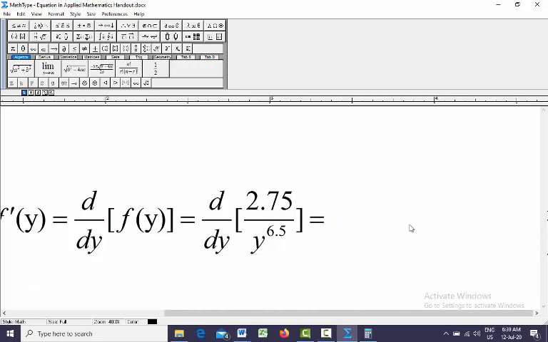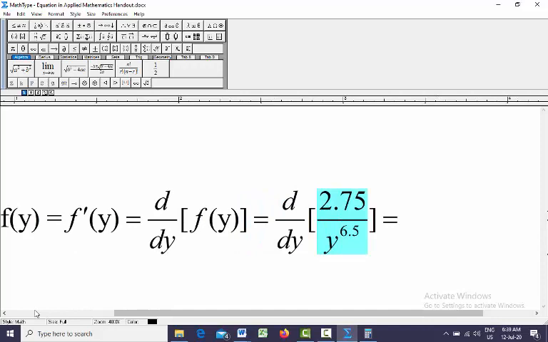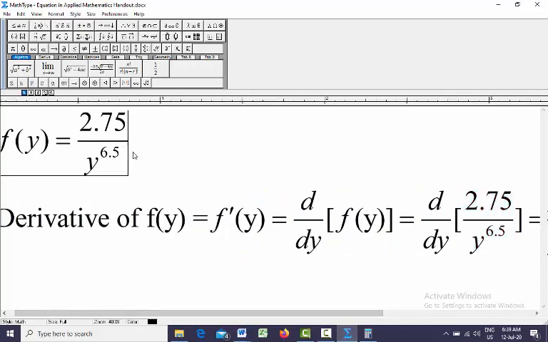Right. So here the function is like this one. So we need to do differentiation of this one. This is the function now.